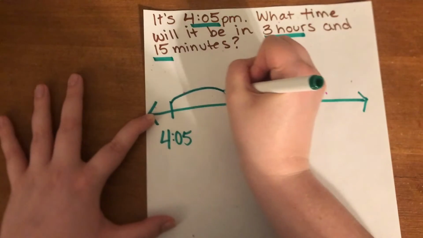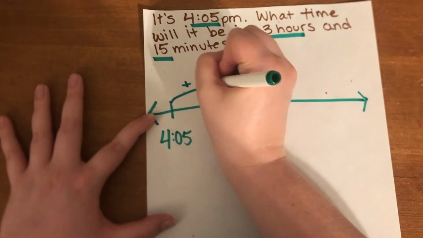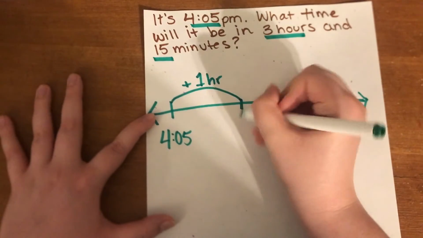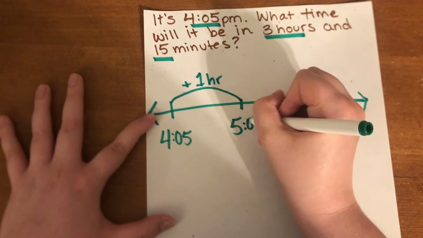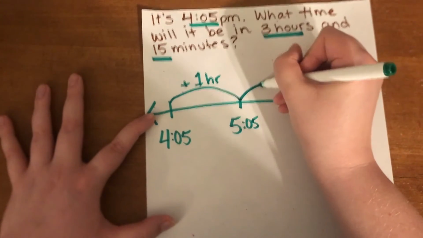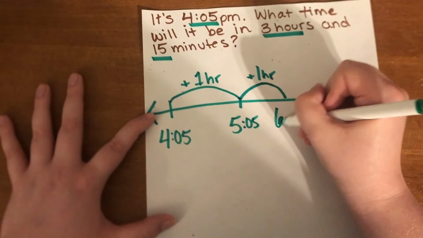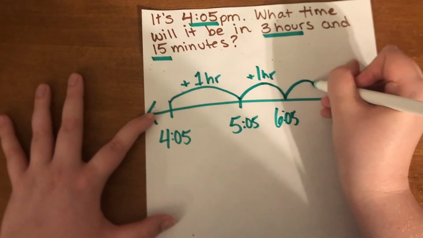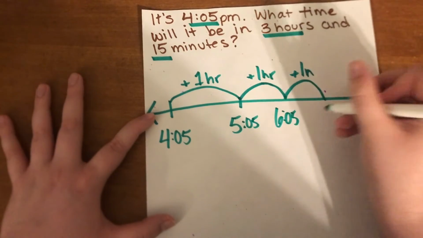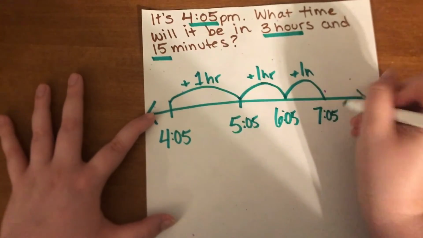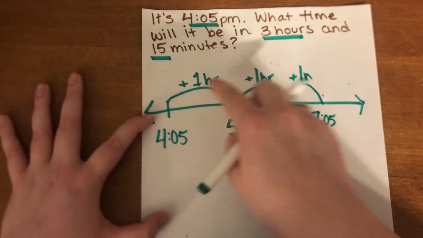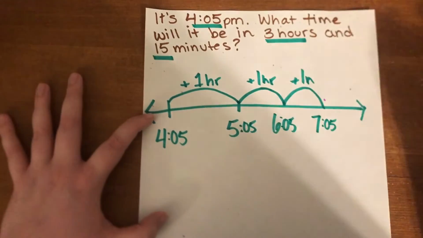So first, I'm going to add 1 hour, and that would get me to 5:05. Plus another hour would get me to 6:05. Plus that third hour would get me to 7:05. I made too big of a jump there, but they're all plus an hour, so a total of 3 hours.